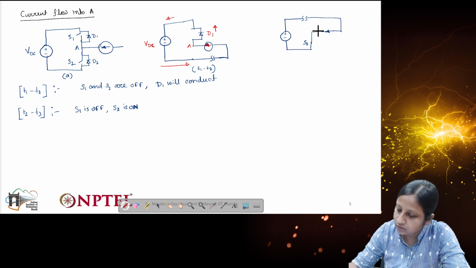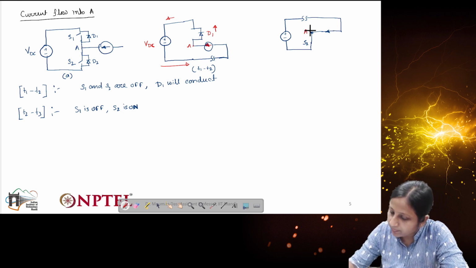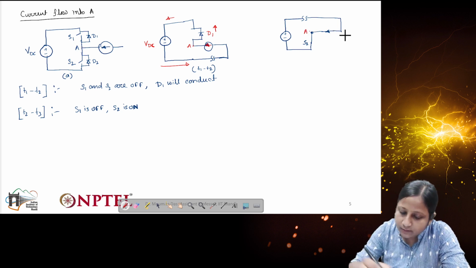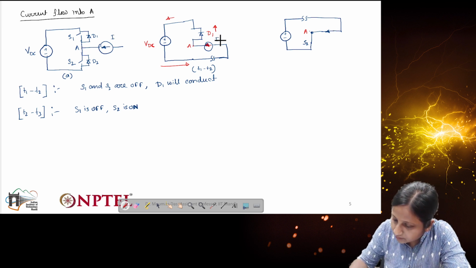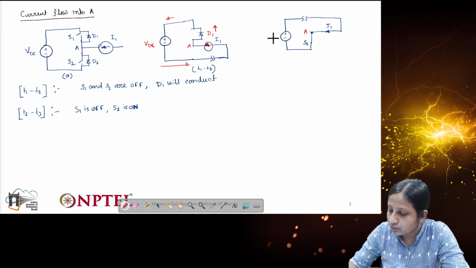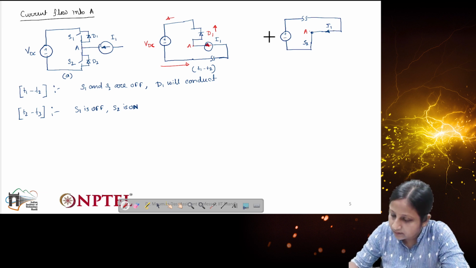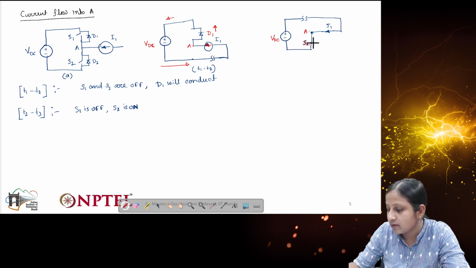Now you can see, this is point A. Let's represent this current as I or I1. So I1 will flow through S2 and VDC, S2 will be on in this time, and then it will complete the path.